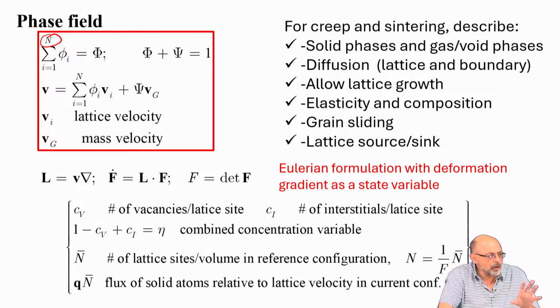But conceptually, you can deal with a single phase, single species, single crystalline structure, but each grain is a different phase. So I have grains, which I will denote with capital Phi, and I have gas, which is Psi. So Phi is the sum of small phis, and Phi plus Psi is 1.